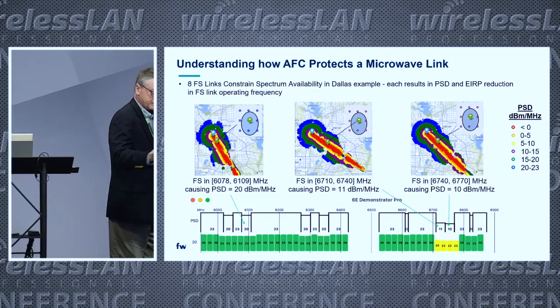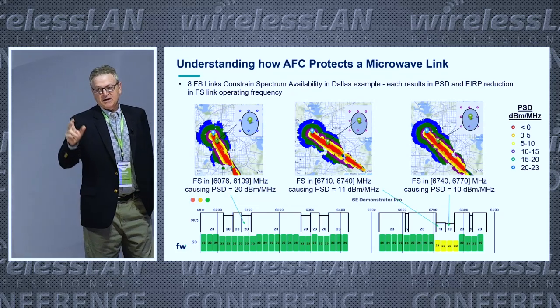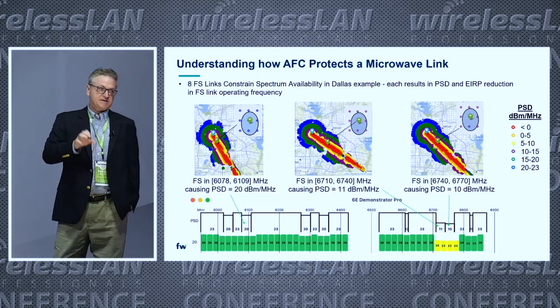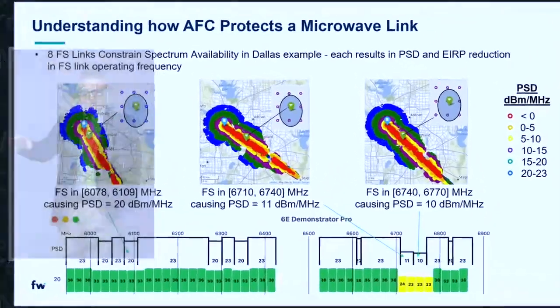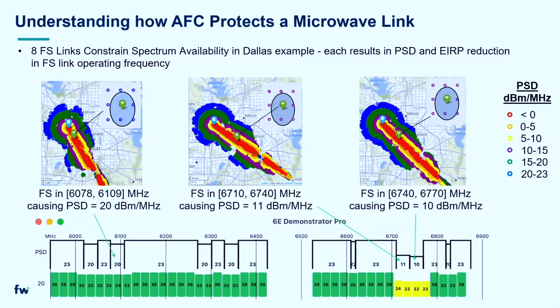So in this example, a particular device is inside 8 protection contours, so 8 incumbents. So we need to look at each of those 8 incumbents and figure out the overall spectrum availability. So the one all the way on the left, the device is such that when I look at that fixed grid, it's going to cause a 20.